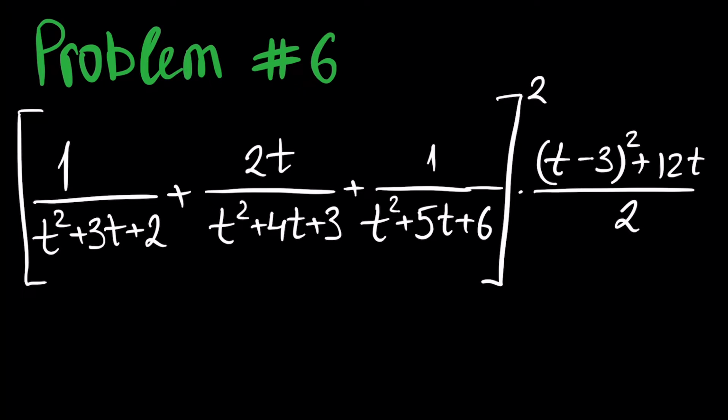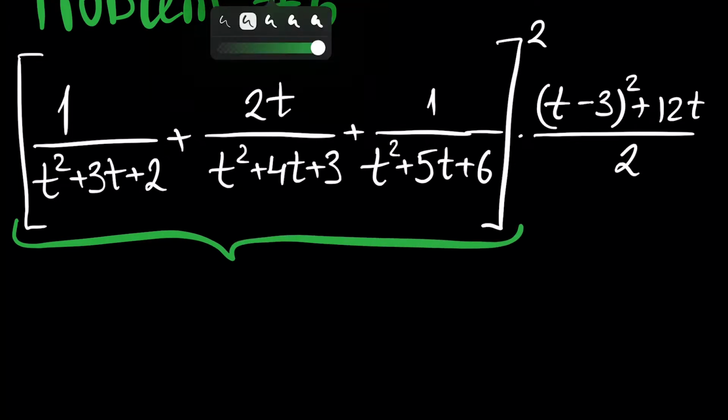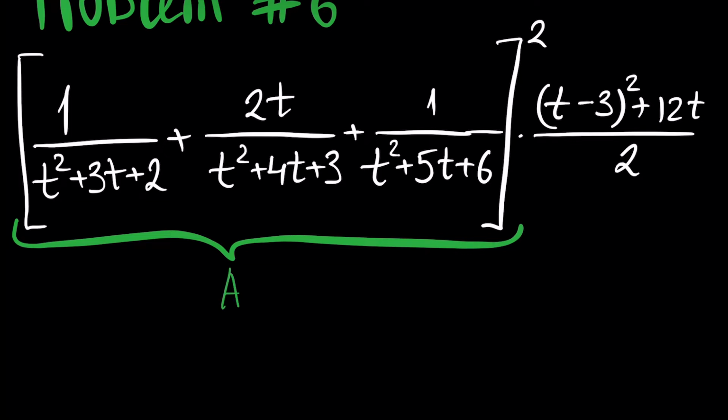For this, let's denote this part of our problem as A and this part as B. First, we are going to simplify A, then simplify B, and multiply A by B to find a simple expression which is equivalent to our complicated expression.